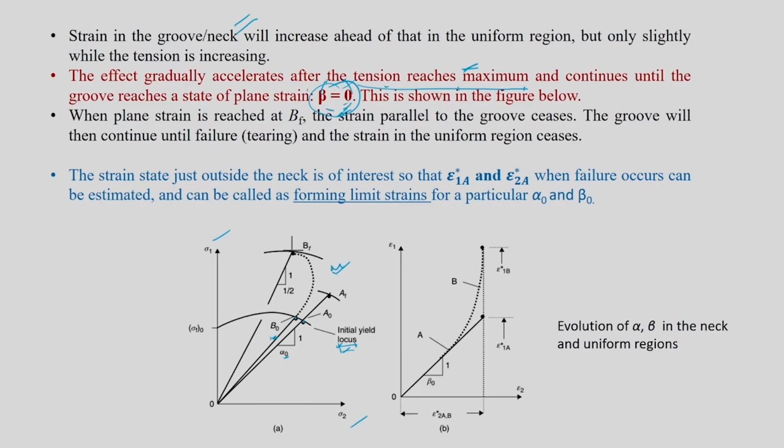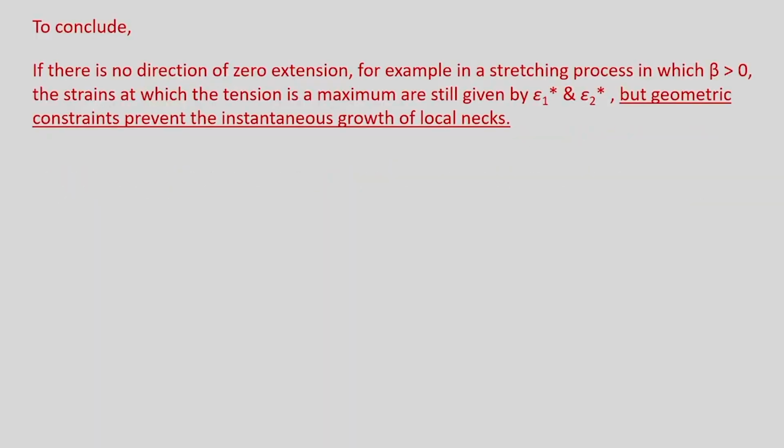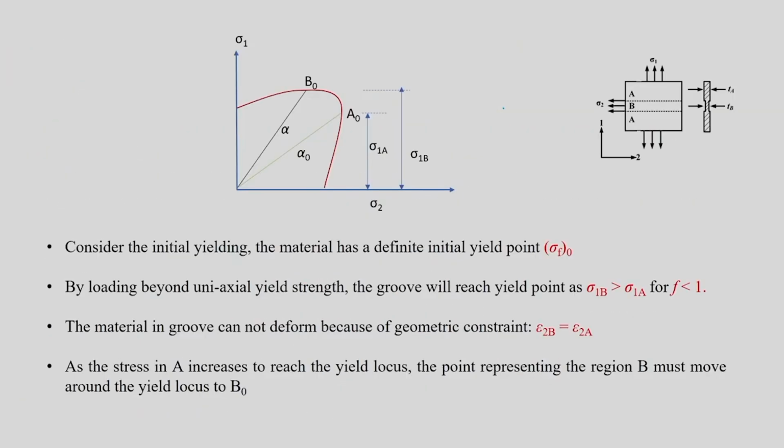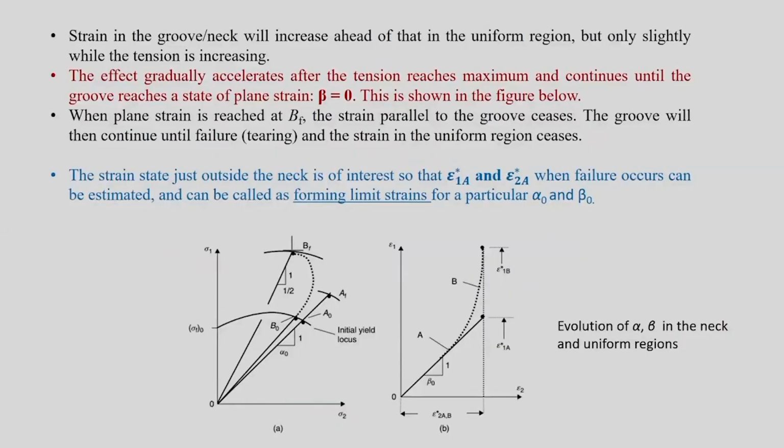Like we have seen in the previous analysis, beta equal to 0 is where necking will happen. So here also you will see that slowly the beta value will tend to move towards this particular point where alpha is going to be half, which is nothing but beta equal to 0. So, it will reach a state of plane strain, which is shown in this particular figure.